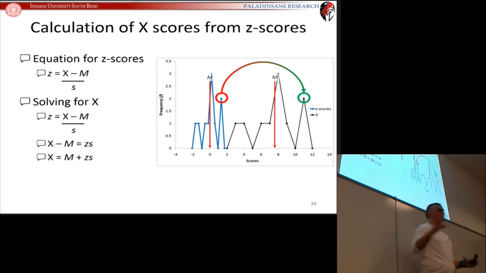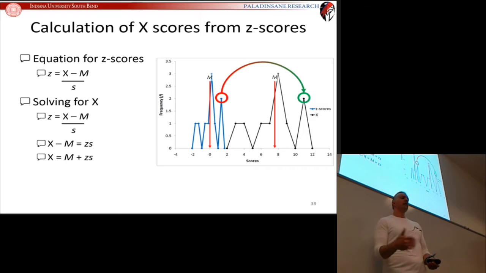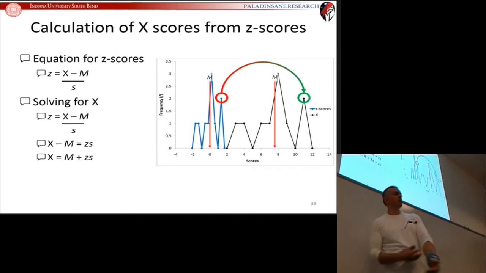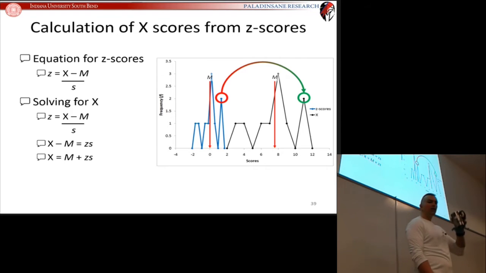So if you're starting with a z-score, if somebody says, oh, my z-score is 1.5, and they say, well, what was your actual raw score? You can say, oh, well, we just take the mean plus that 1.5 multiplied by the standard deviation of the sample, and that will recover your raw score.